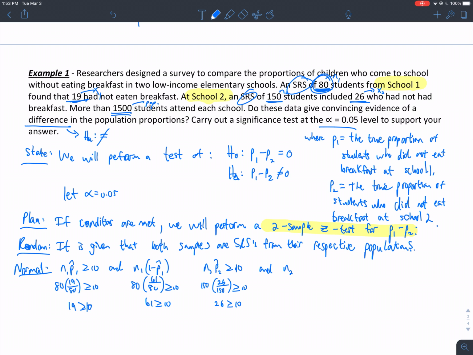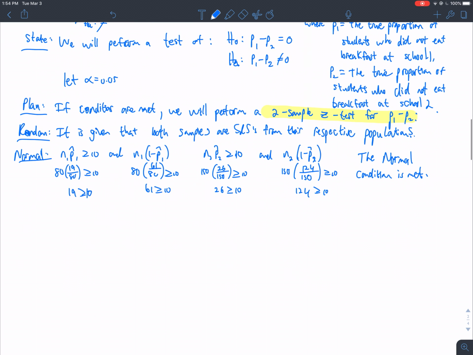And n2 times 1 minus p hat 2, and that would be 150 times 124 over 150, and that's just 124. Okay, so you just say the normal condition is met.